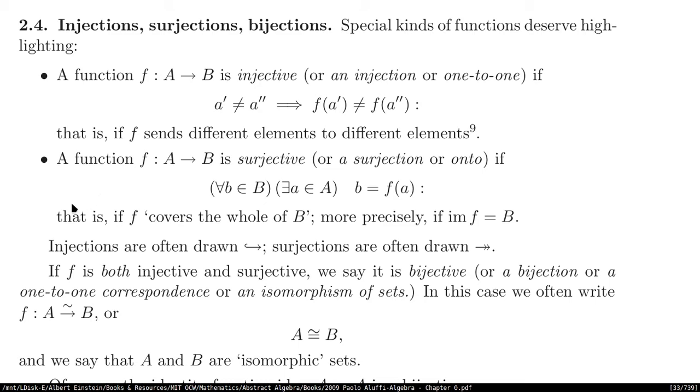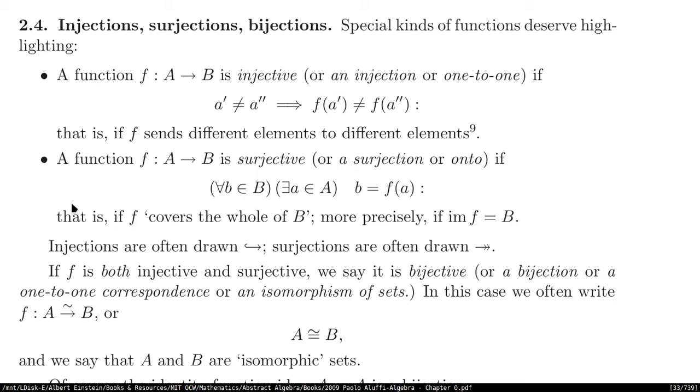Okay, and when you have both of these properties, you get bijectivity, right? Bijectivity is also the isomorphism between sets. So bijectivity is when two sets are isomorphic, you can say. It's injectivity and surjectivity.